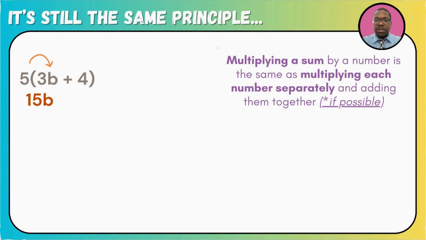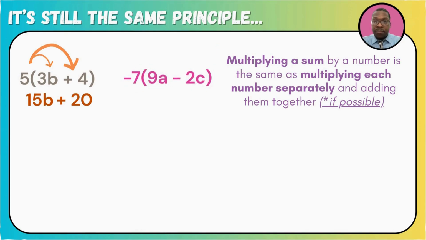But distributive property says if you multiply the first number, now we need to multiply the second number. 5 times positive 4. Well, what is 5 times positive 4? Should be positive 20. And 15b and 20 cannot combine because a variable and a number, you can't just put them together. That would violate combining like terms. If you're not sure about combining like terms, please check out that video at the end.